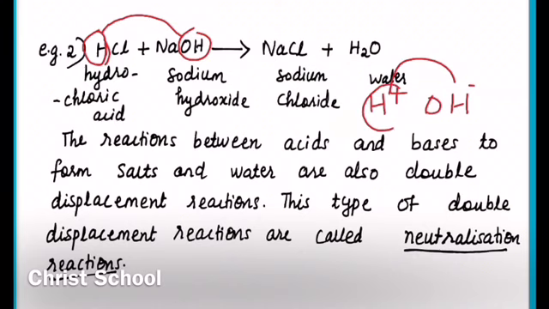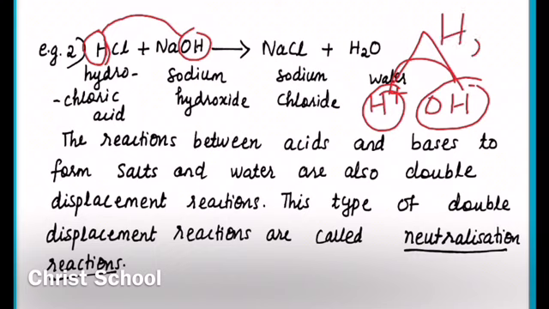When H+ and OH- combine, we get which product? H2O, that is water. So when acid and base are reacting, what happens? H+ of acid will combine with OH- of base. In other words, in every acid there will be hydrogen ion, H+, and in every base the anion will be hydroxide OH-.